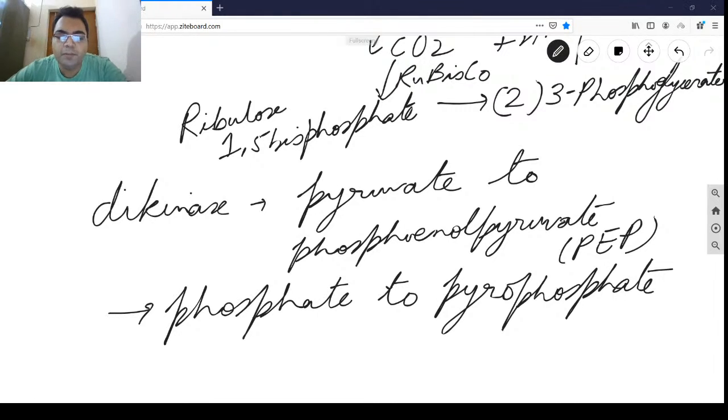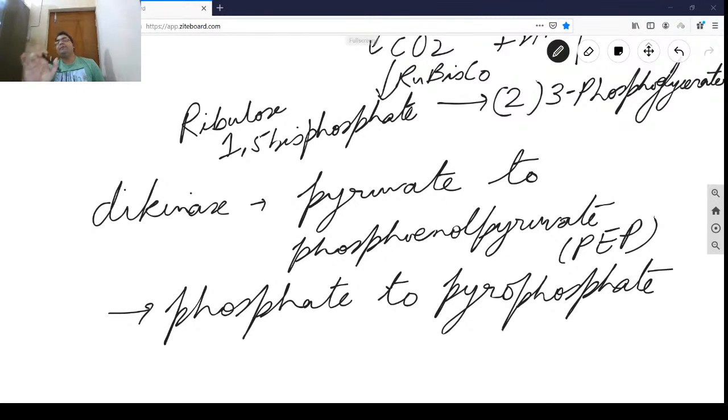Then the pyrophosphate is subsequently hydrolyzed to phosphate. So two high energy phosphate groups of ATP are used in regenerating the phosphoenol pyruvate. And then the phosphoenol pyruvate is now ready to receive another molecule of CO2 in the mesophyll cell.